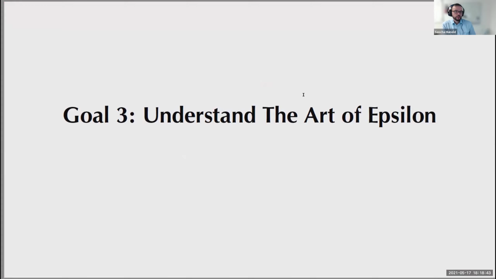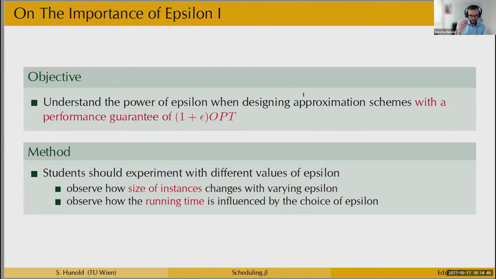But let's say the most important thing here is really understanding the art of epsilon, choosing epsilon for approximation schemes. So we are trying to come up with approximation schemes for scheduling problems which have a performance guarantee of 1 plus epsilon, like this. So epsilon somehow changes something. Most of the time when we choose an epsilon, the algorithm does something.